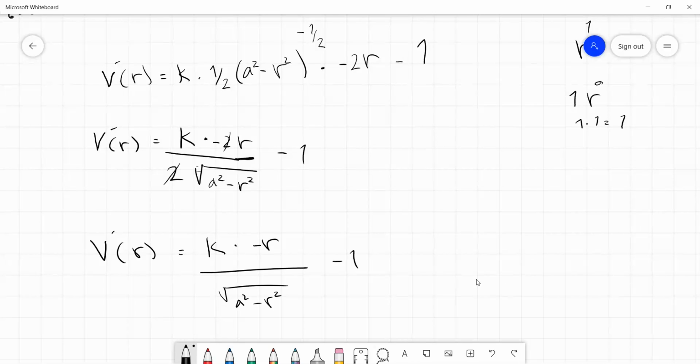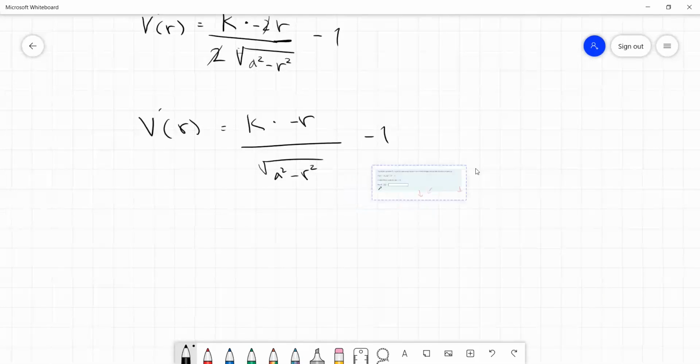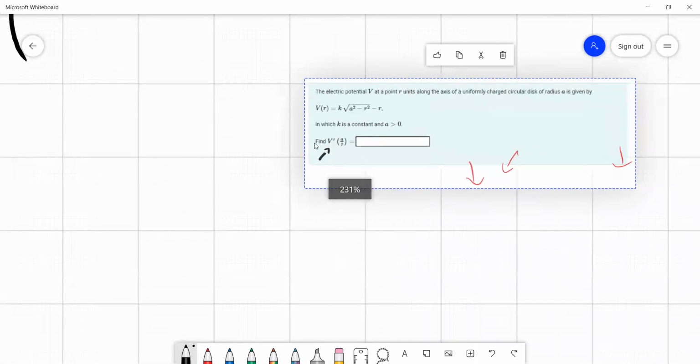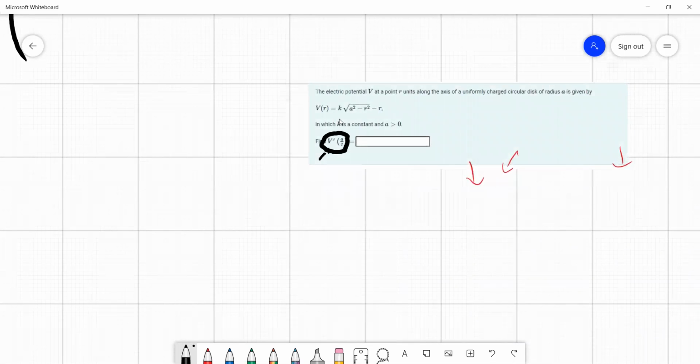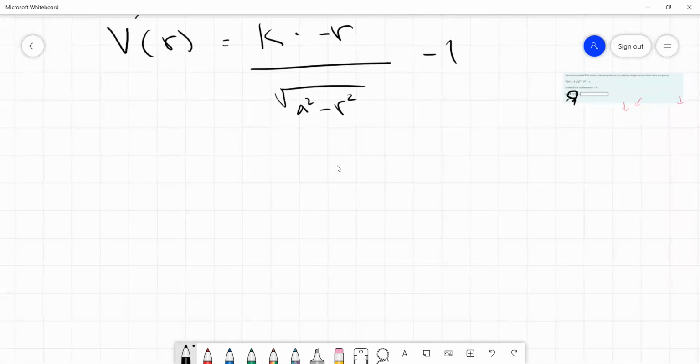And now all that is left to do is to replace r. Quickly referring back to the question, we can see that it is asking us to replace the r value with a over 7. So let's do that. Now that we have found the differentiated formula, we could rewrite this as the derivative at a over 7, and this just means that everywhere we see r, we must replace it with a over 7.